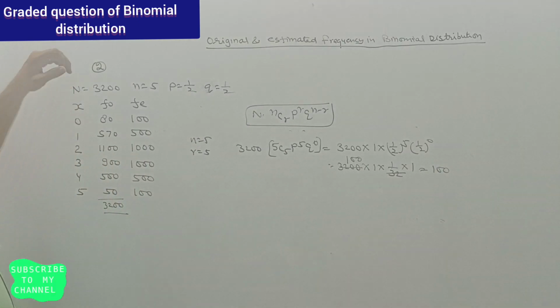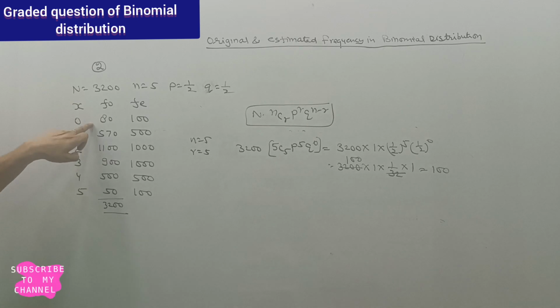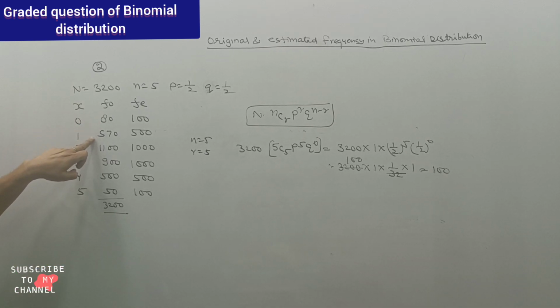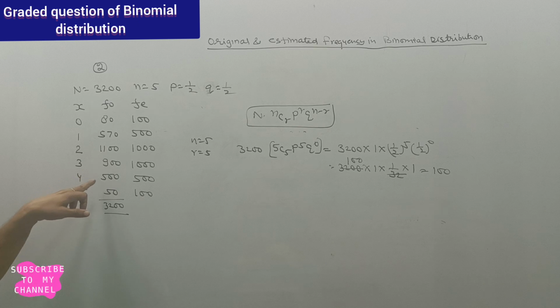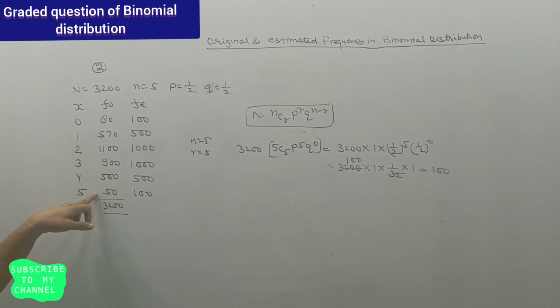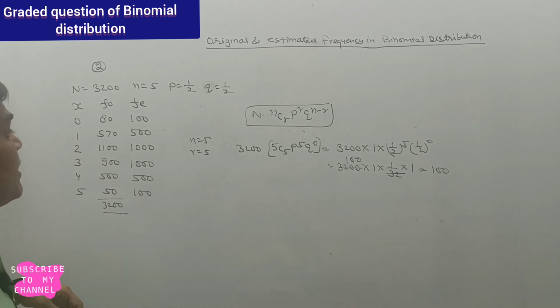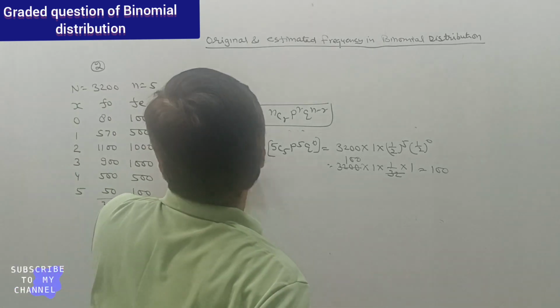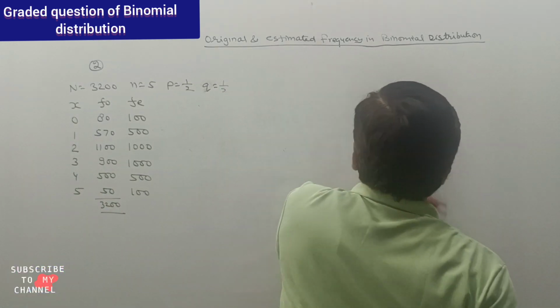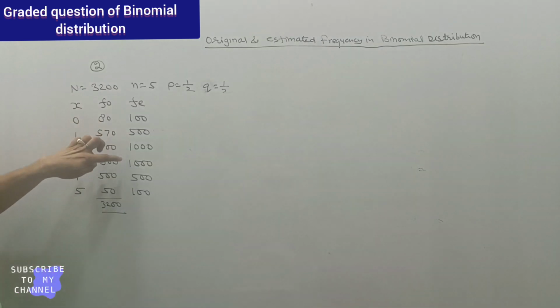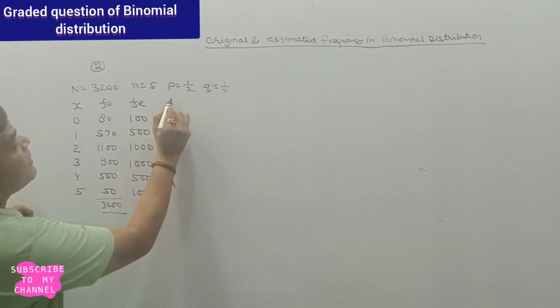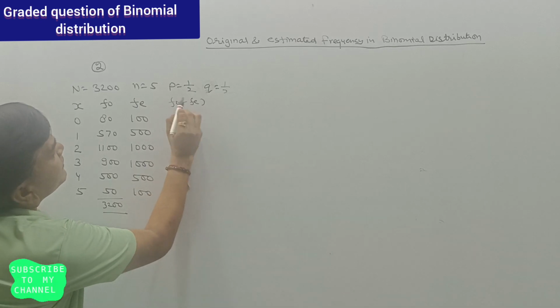So we have calculated the original frequency of the coin: 80 times getting 0 head, 570 times getting 1 head, 1100 times getting 2 heads, 900 times getting 3 heads, 500 times getting 4 heads, and 50 times getting all 5 heads. And the estimated frequency for the same is 100, 500, 1000, 1000, 500, 100. So we have original minus estimated frequency.